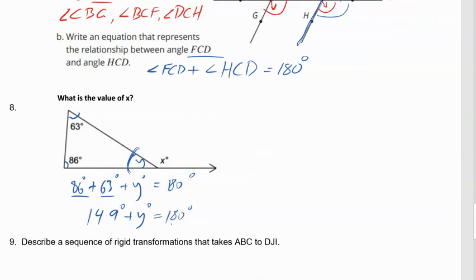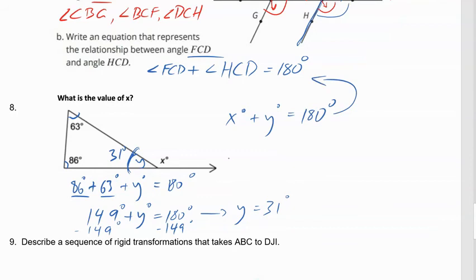Subtraction property, right? And y equals, what, 31 degrees? So if y is 31 degrees, and if you add x and y together, right, they should give you 180 degrees. Very much how in the last problem we had that situation, right?